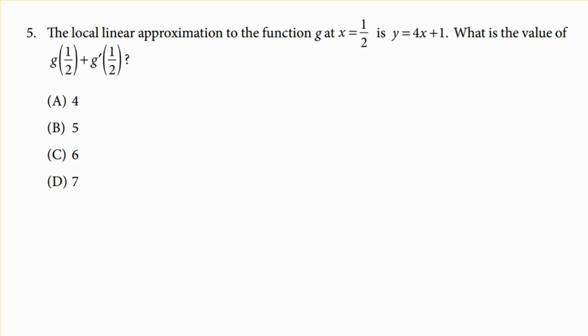We do have a local linearization question here. The local linear approximation to the function g at 1/2 is y equals 4x plus 1. What is the value of g of 1/2 plus g prime of 1/2? So let's talk about what this means. If we have a local linear approximation given, that means we're given the tangent line.